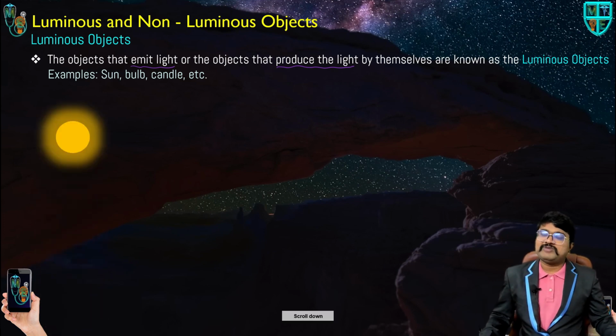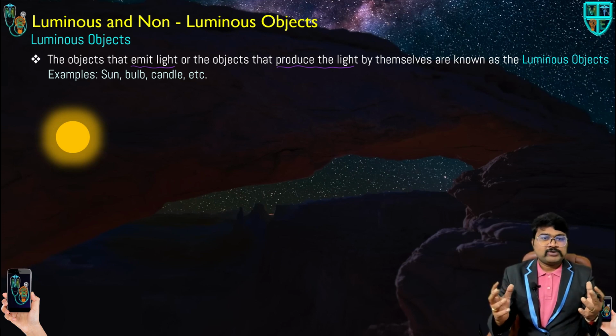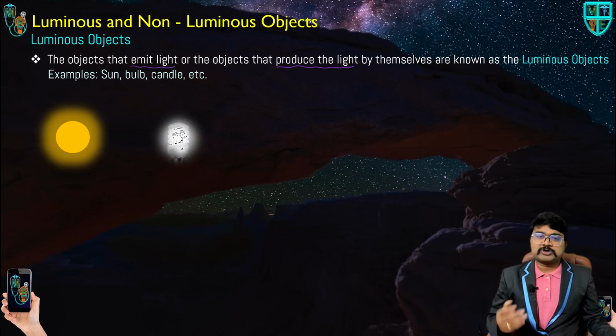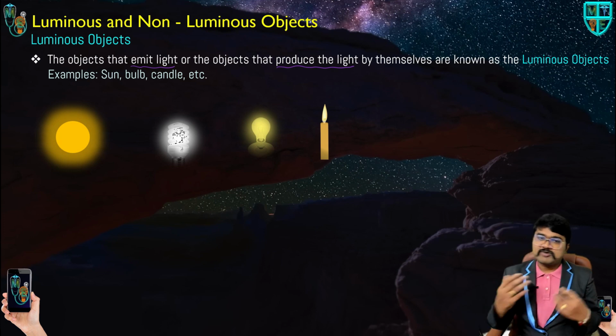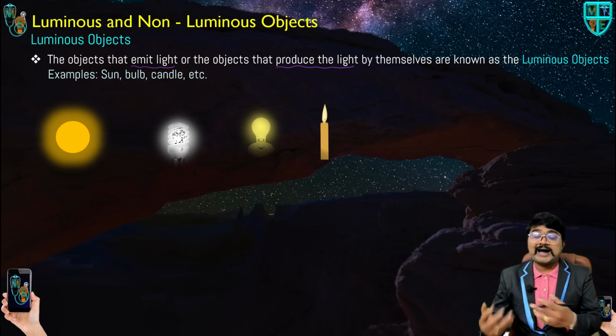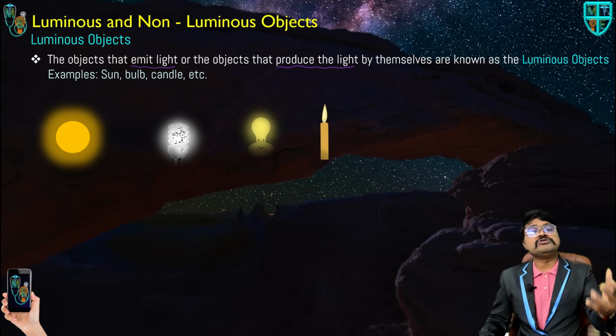For example, we have the sun. The sun produces light. This particular bulb emits light. Bulb and then candle, these are all emitting light. Understood now? Light is a form of energy. It is emitted by the luminous objects, or else they can produce the light.